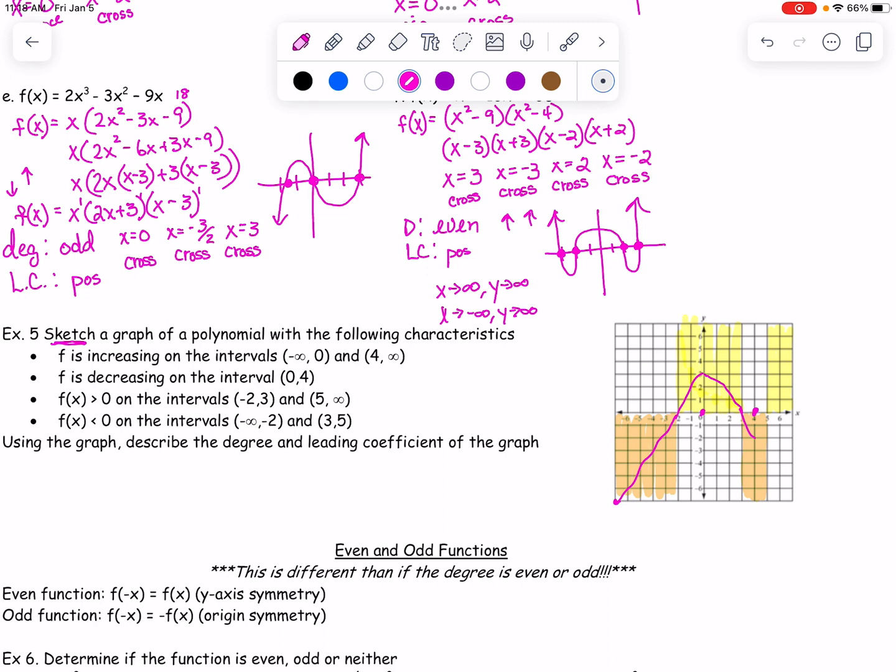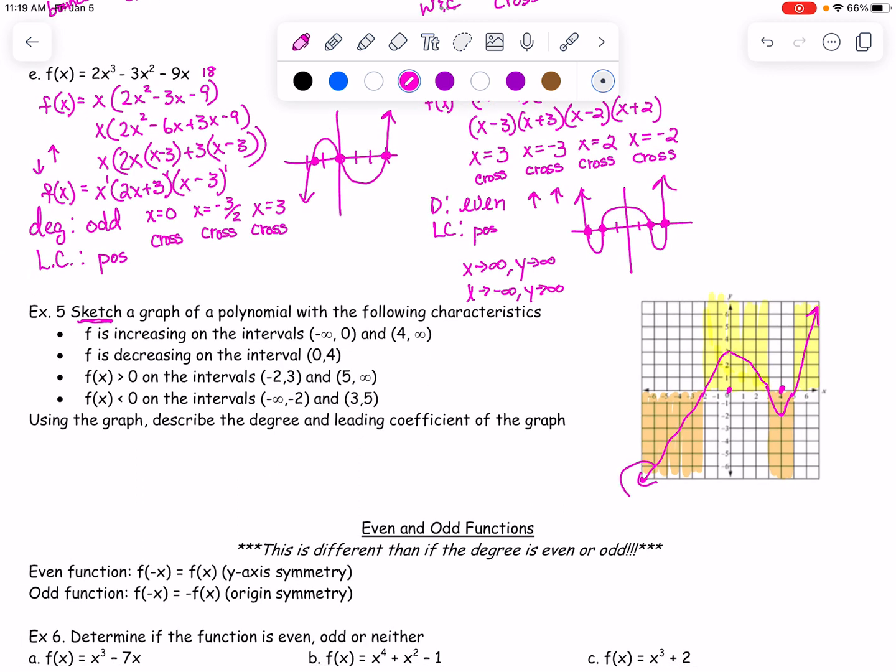Now I'm going to start increasing again because it says from 4 to positive infinity, but I stay in that orange until I get to this yellow, and then I keep increasing. That's my graph. Since my ends are facing opposite directions, I know that this is an odd degree, and the leading coefficient has to be positive because I started low and finished high.